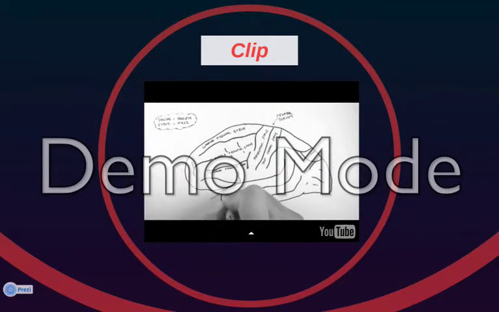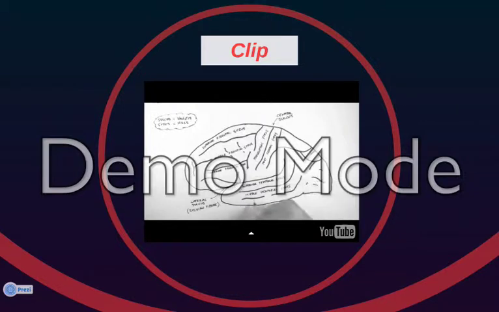Now this big line here separates the temporal lobe from the rest of the brain, and we call this the lateral sulcus, also known as the Sylvian fissure. Here is the superior temporal gyrus. Below it is the middle temporal gyrus.